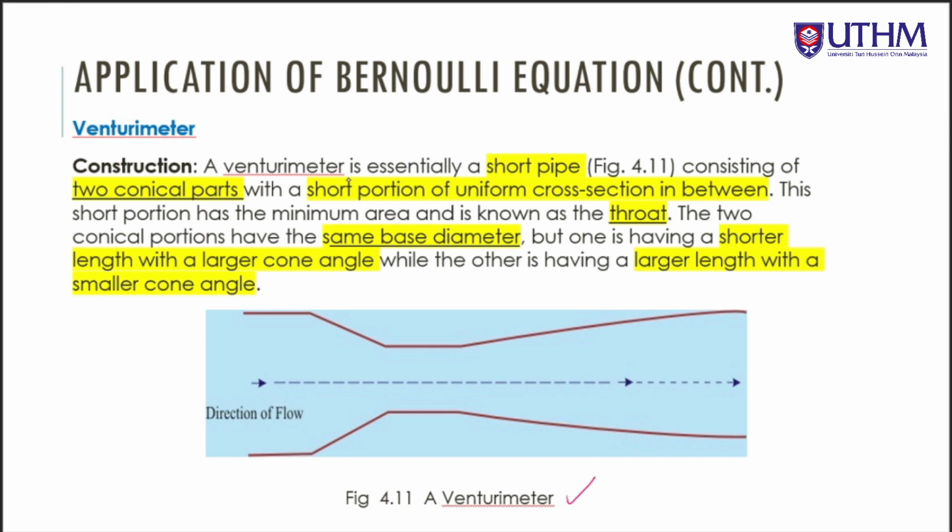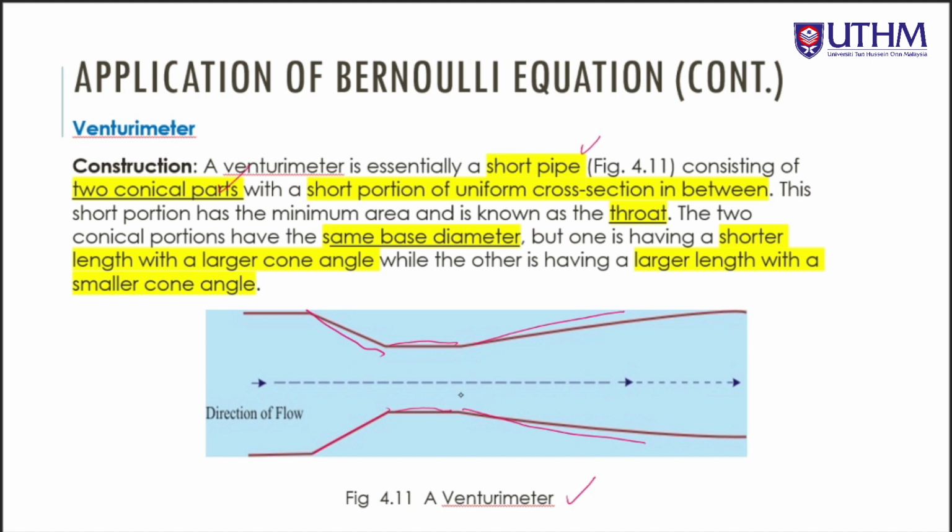Okay, a ventrimeter is essentially a short pipe consisting of two conical parts. Kalau kita tengok kat sini, dia ada this part which has a conical shape, and also this part has a conical shape with a short portion dekat tengah-tengah ni, that is formed in between these two conical parts.